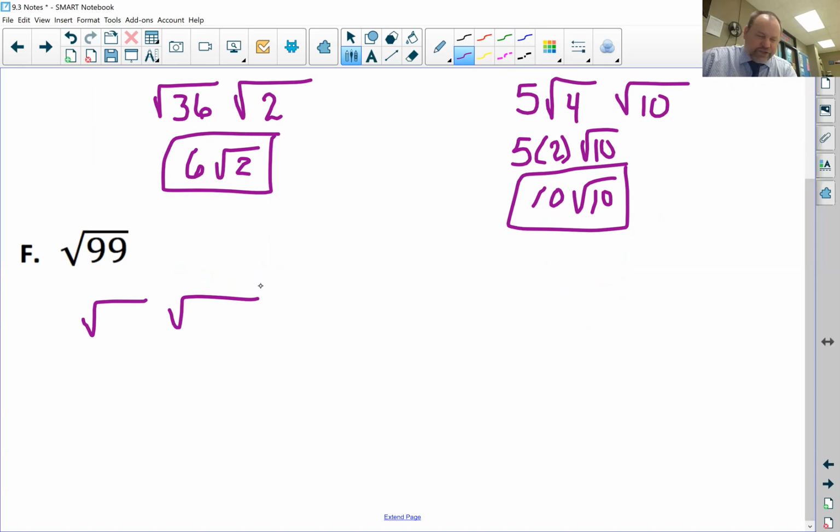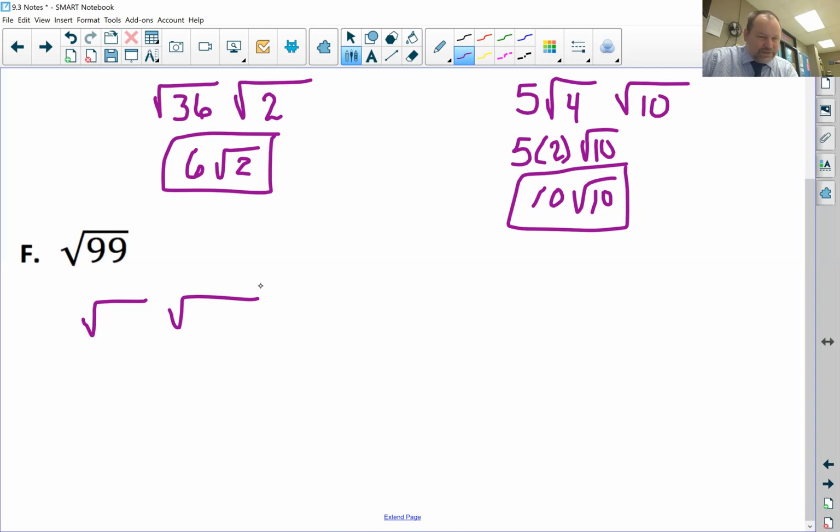So then check perfect squares less than 99, like 81, not evenly divisible by 81. 64, not evenly divisible by 64. 49, almost, but not quite. So it's not evenly divisible by 49. 36, 99 is not evenly divisible by 36.